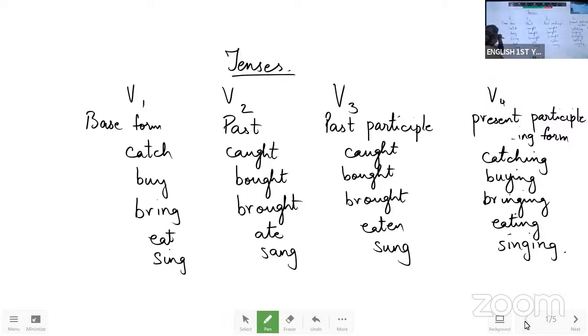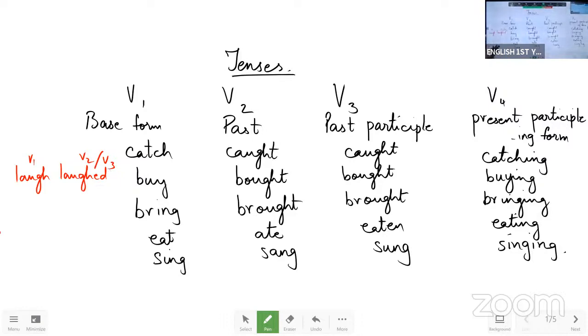Usually, the ED form is taken, like laugh. This is V1, this is V2. V3 also, V2, V3 same, laughed.